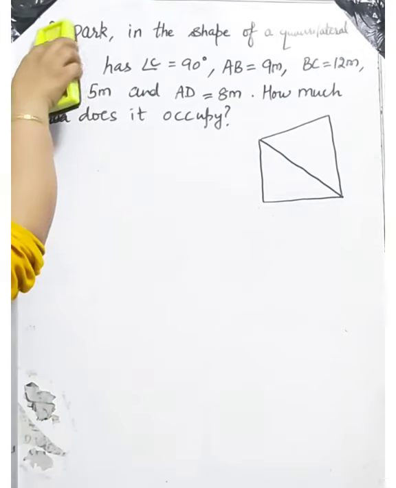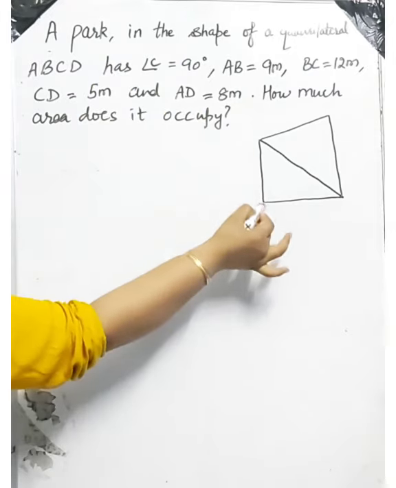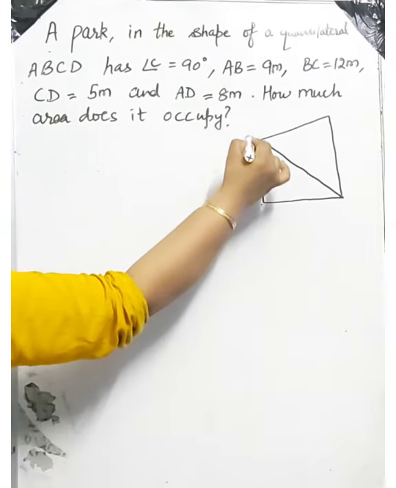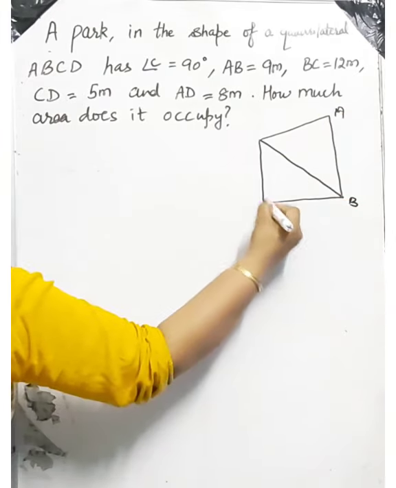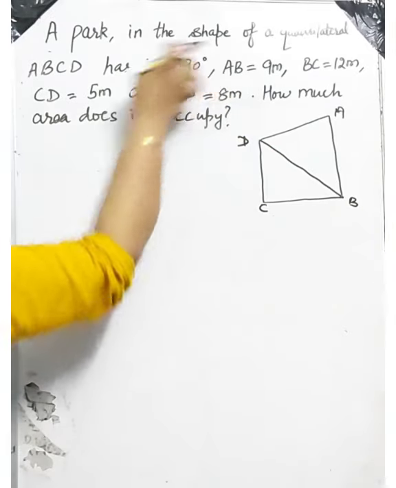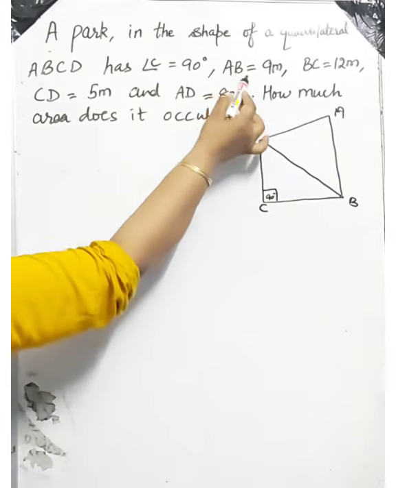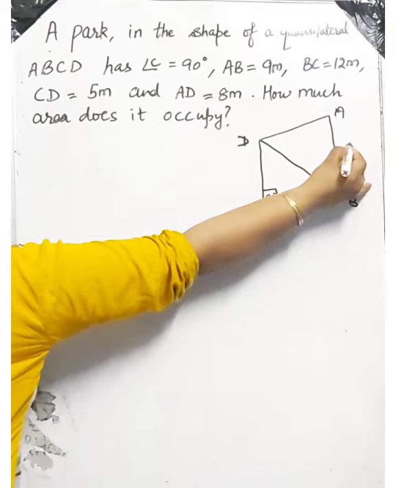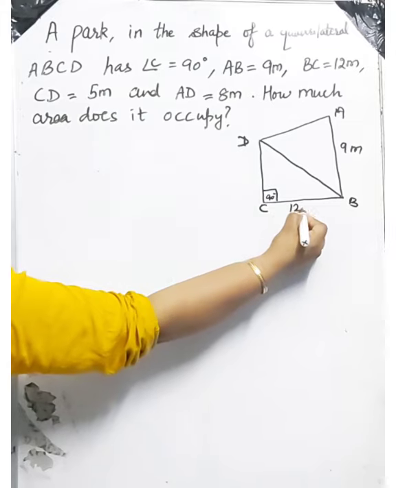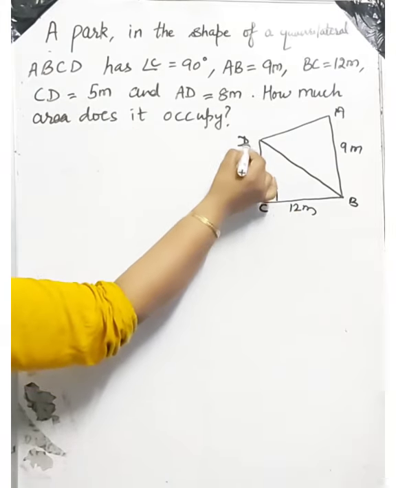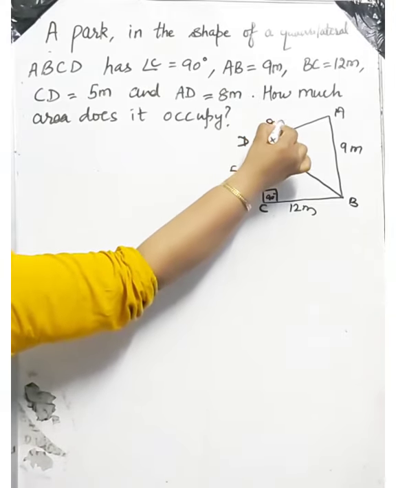Now come to the question 1 of exercise 12.2. A park in the shape of quadrilateral ABCD has angle C equal to 90 degree, AB equal to 9 meter, BC equal to 12 meter, CD equal to 5 meter and AD equal to 8 meter.